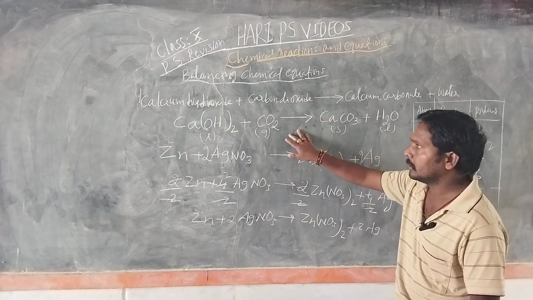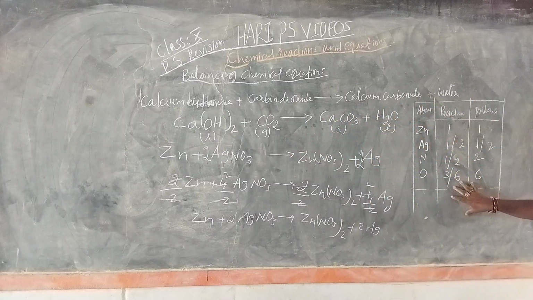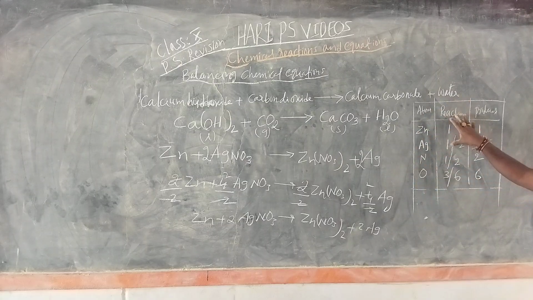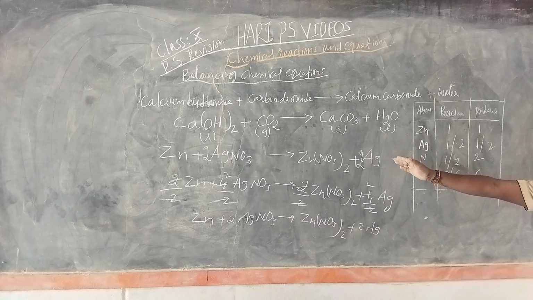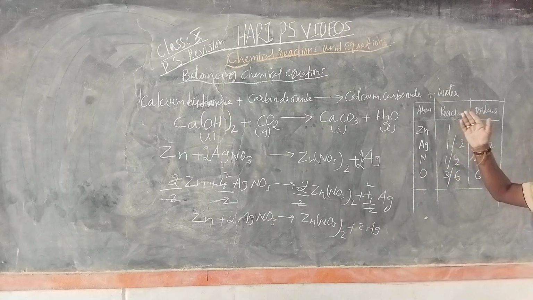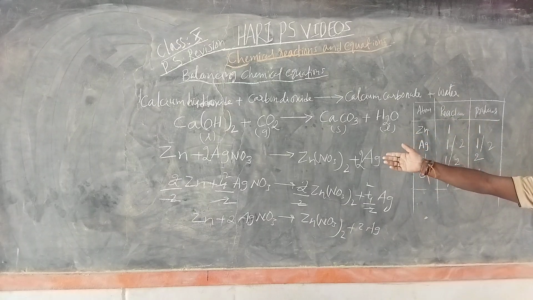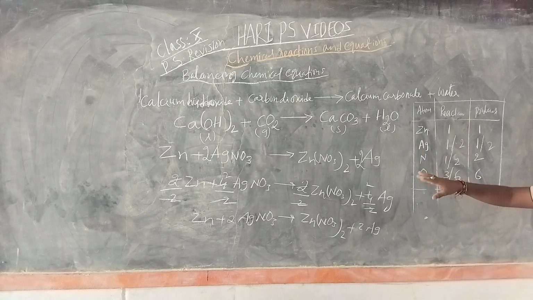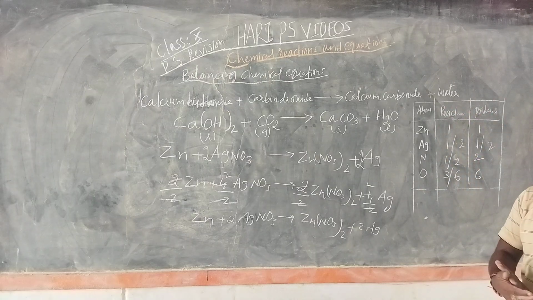Then, better draw a table. Let us know the atoms involved in the chemical reaction, how many on the reactant side, how many on the product side. Then observe on which side the number is less. We have to multiply with the smallest whole number. Then you balance the chemical equation.